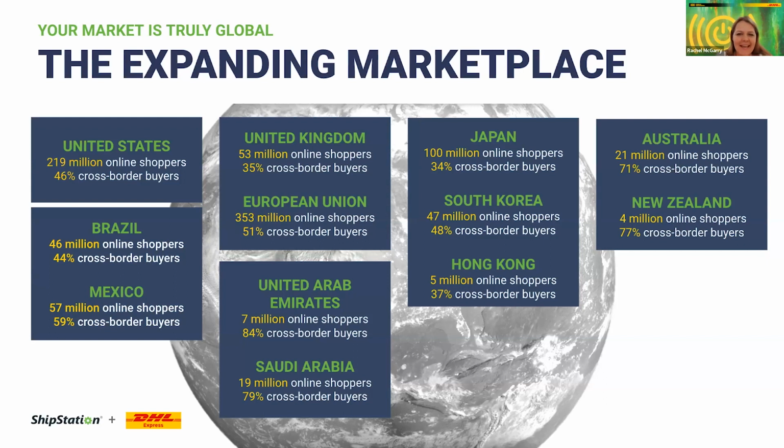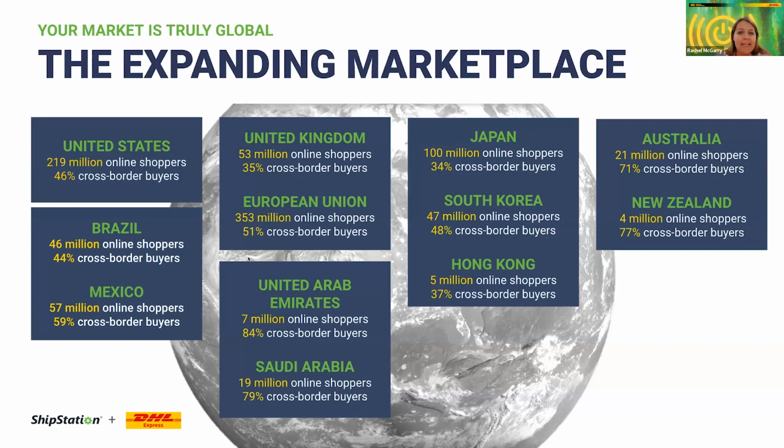So countries like the UK and Australia really stand out. But you'd be surprised at the barrier of entry going into countries within the European Union, let's say, which has more online buyers than the US, right? That's impressive. So there's a lot less barriers than you think, as long as you have the right partner. So we're really excited to be there, but that really cements the why. Why are we doing this? Because there's growth opportunity and we want to help you get there.